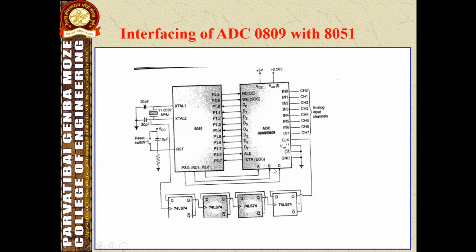The address of the desired channel is sent from the port; we have connected these pins to port 2.0, 2.1 and 2.2. So the address is sent by the microcontroller to these pins of the analog to digital converter to select the appropriate input channel.